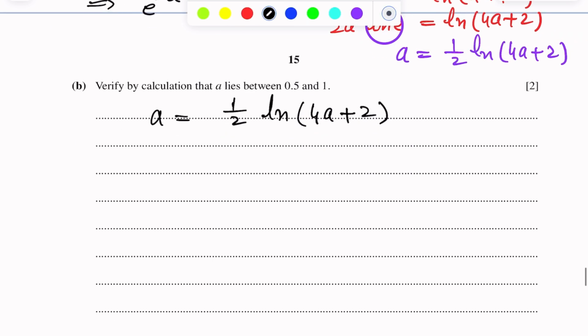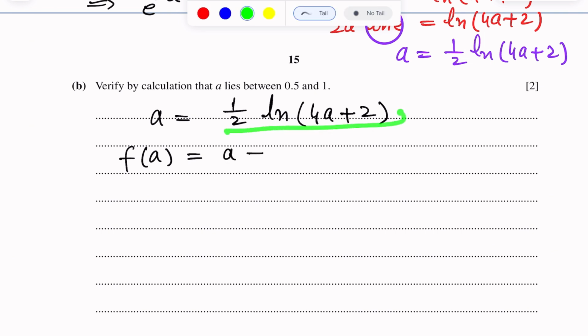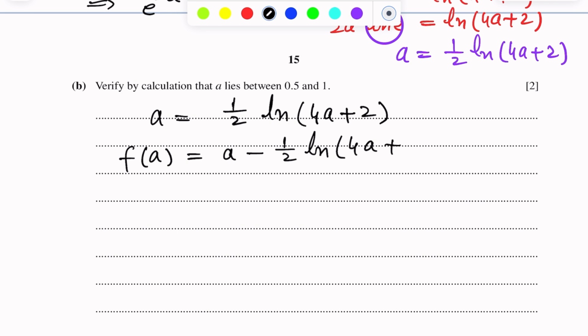We can write a single function. So f of a will be a minus the term on the right side moved to the left, that becomes a minus 1 over 2 log 4a plus 2.